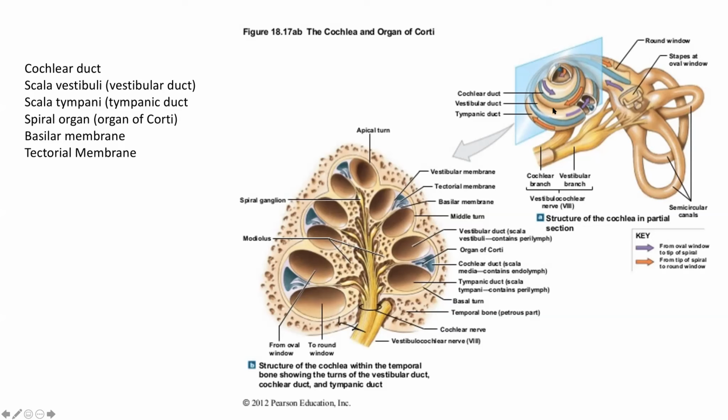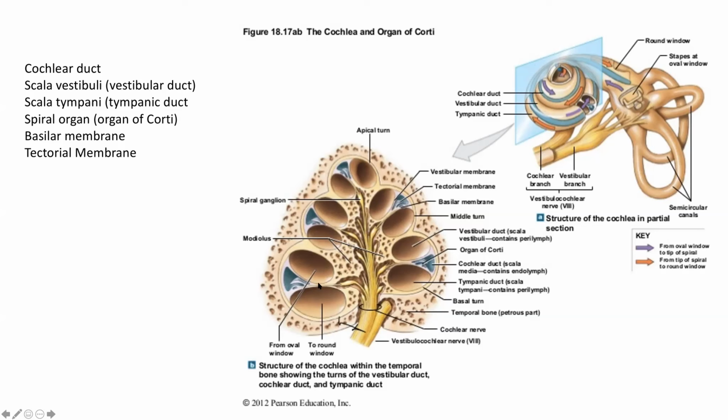So we have the vestibular duct and the tympanic duct, and then this blue part is the cochlear duct with the perilymph in it. When we look at a cross section here, when we slice it in half, we see the two different tubes. The vestibular duct is always on top here, as we get from the oval window.